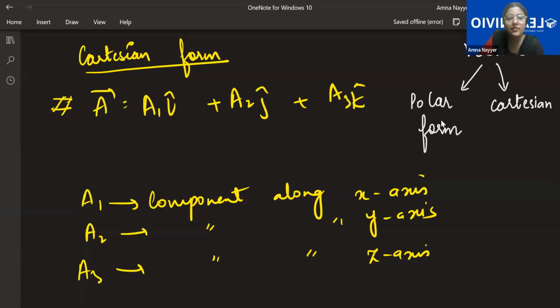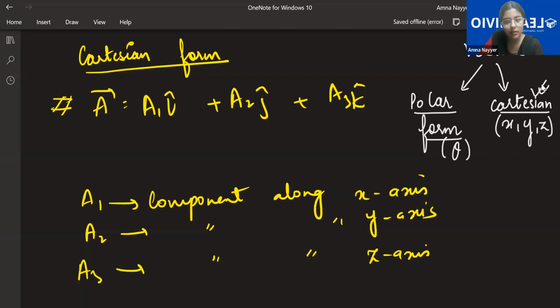Polar form means an angle is given between two vectors. If I say two velocities are acting at 30 degrees to each other, like this, when an angle is given, then you use the polar form. If x, y, z axes are given to you, you use the Cartesian form. Right now, we are studying the Cartesian form.